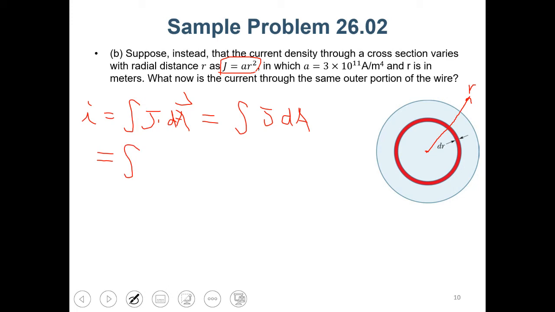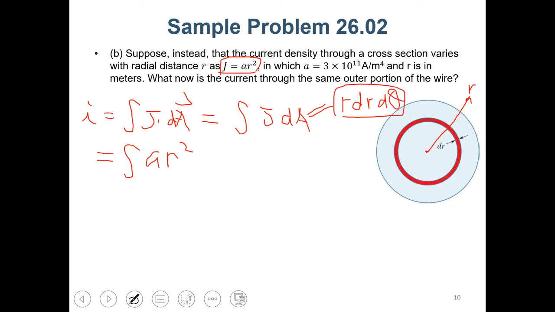J is nothing but A R squared, and dA, using polar coordinates, will become R dr d theta.